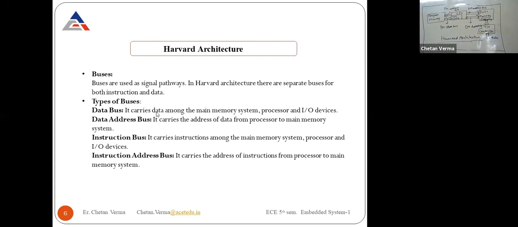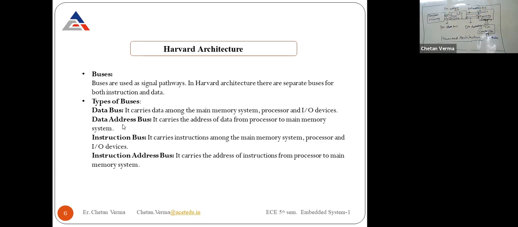It carries data among the main memory system, processor, and the input output devices. Similarly, the second type of bus is the data address bus. It carries the address of the data from the processor to the main memory system. So that falls under the category of Harvard architecture.